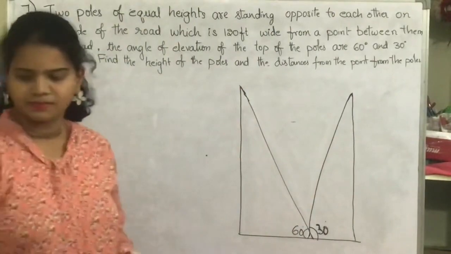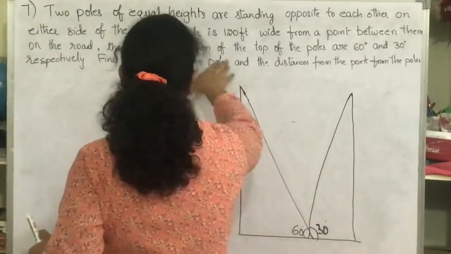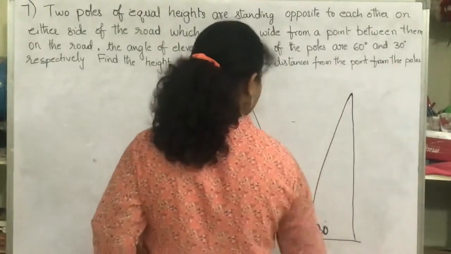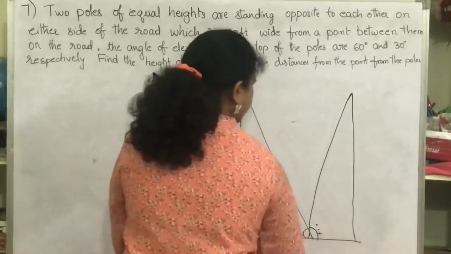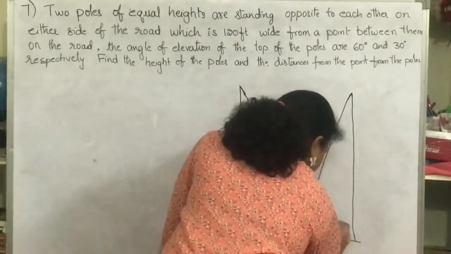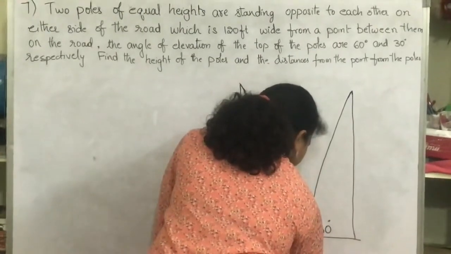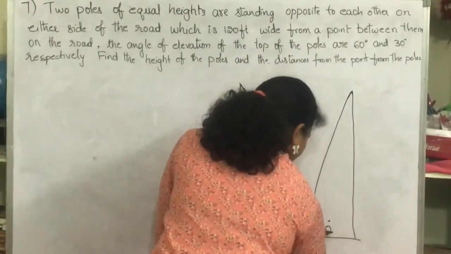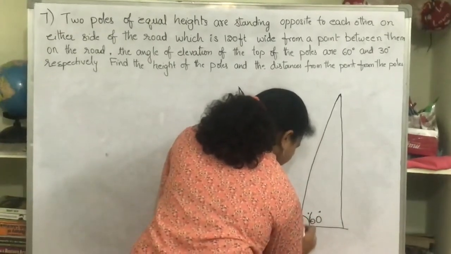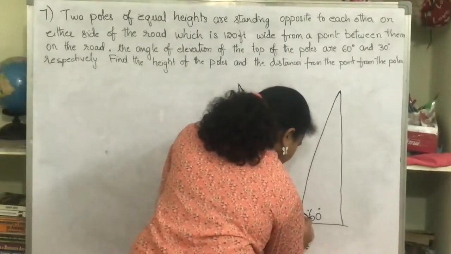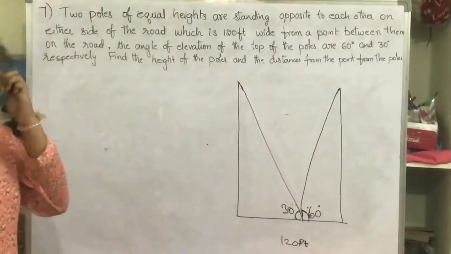Firstly we can draw like this, 60 degrees and 30 degrees over here.